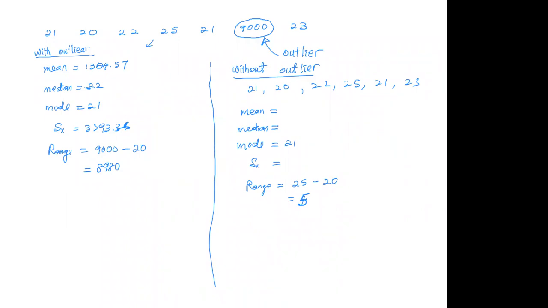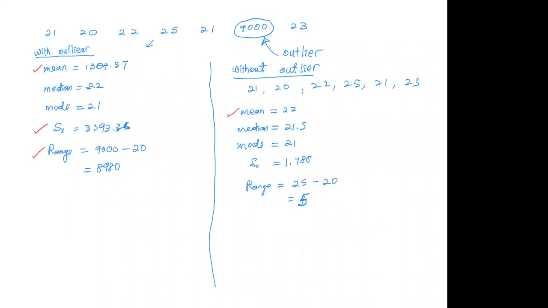So this one you get a mean of 22. Standard deviation is 1.788. The median is 21.5. So you look, the ones that are affected by the outlier are the mean, the standard deviation and the range.